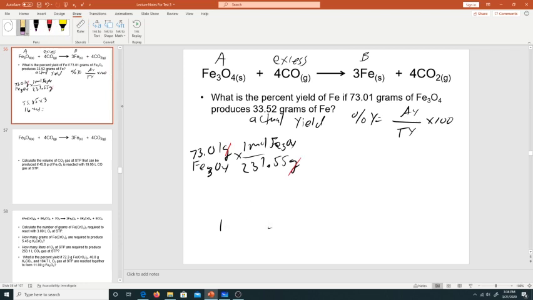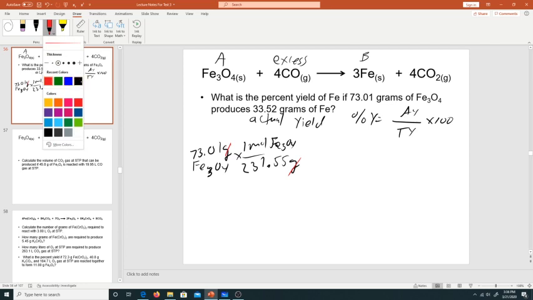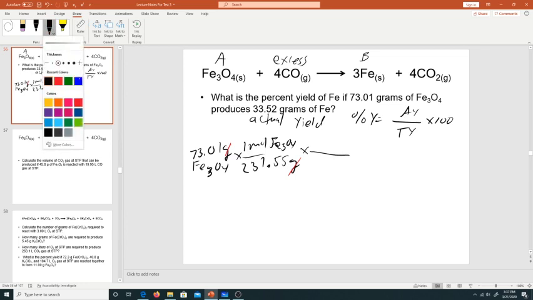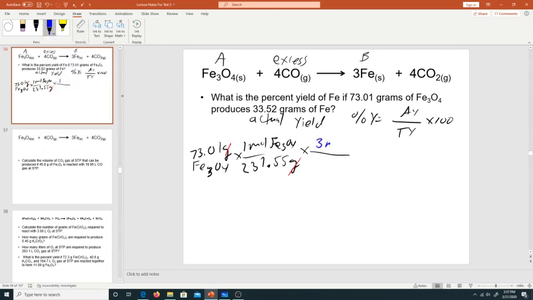Alright, so next step now is to figure out how this relates to moles of my product. So times, so it's B over A. My B is iron, 3 moles of Fe over 1 mole of Fe3O4.